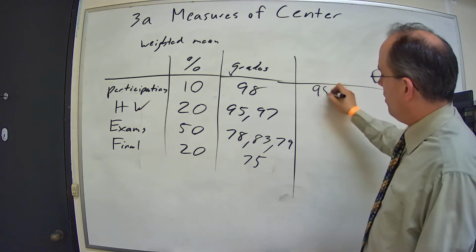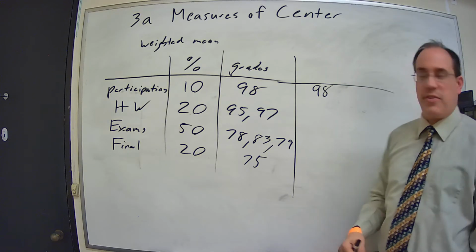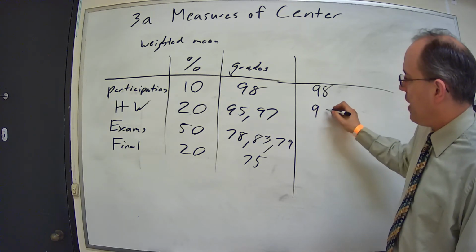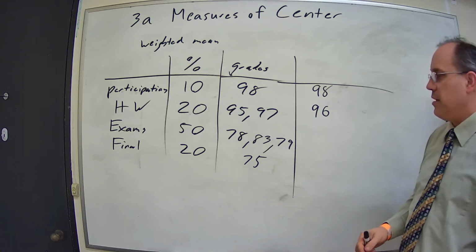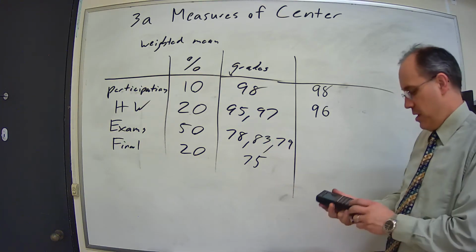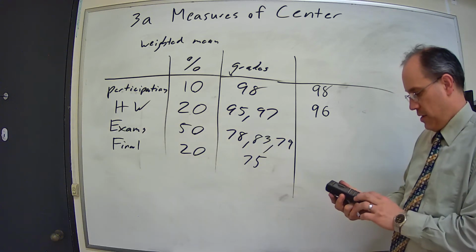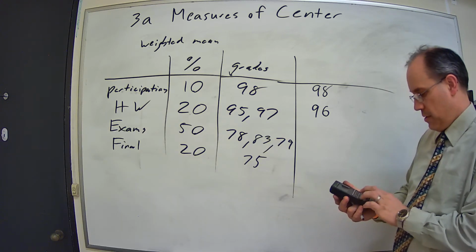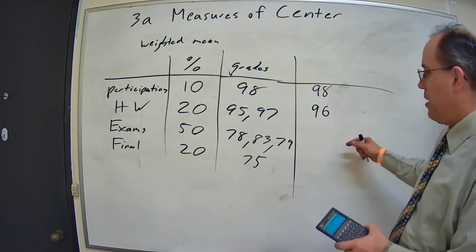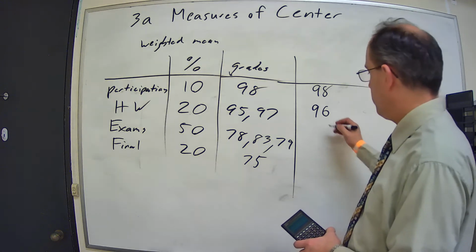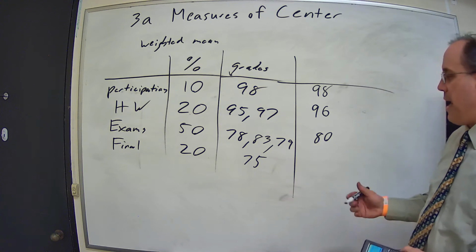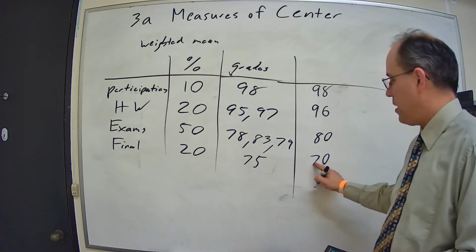So the average of 98 is 98, nothing to average it to, right? 95 and 97, add them up and divide by 2 gives us 96. 78, 79, 83. Gives you 80. 75 averaged is 75.